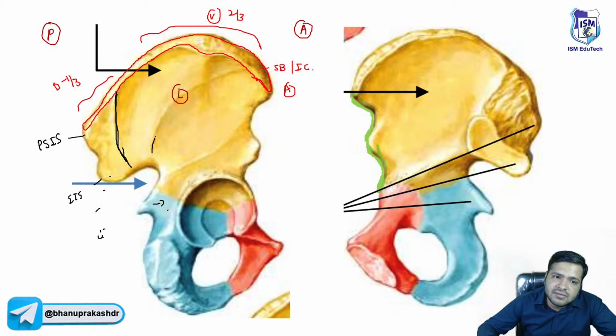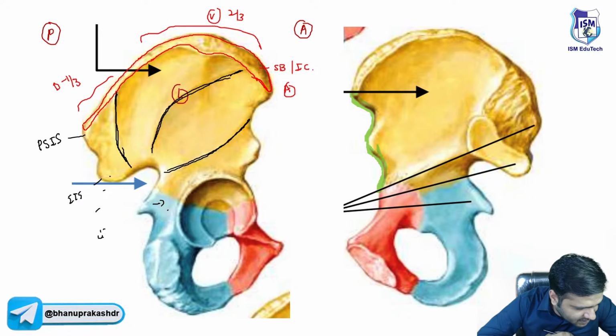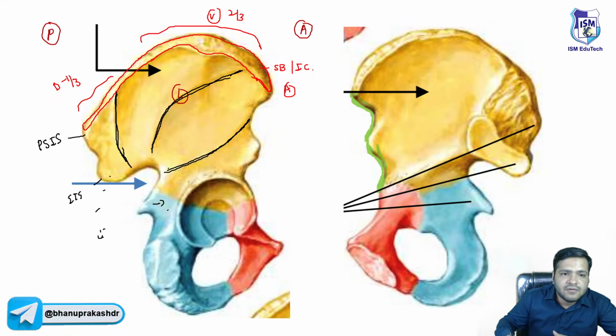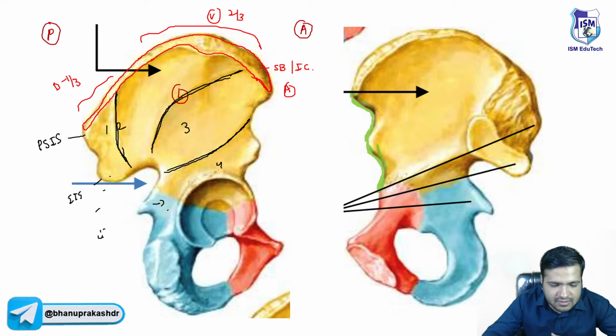This line is the anterior gluteal line, and this line which you can see over here is the inferior gluteal line. So this surface is divided into four parts, 1, 2, 3 and 4, by these three lines.